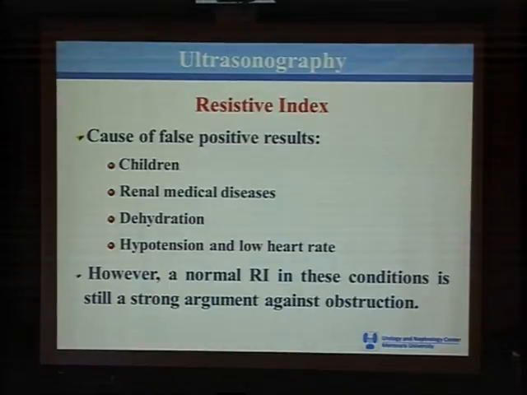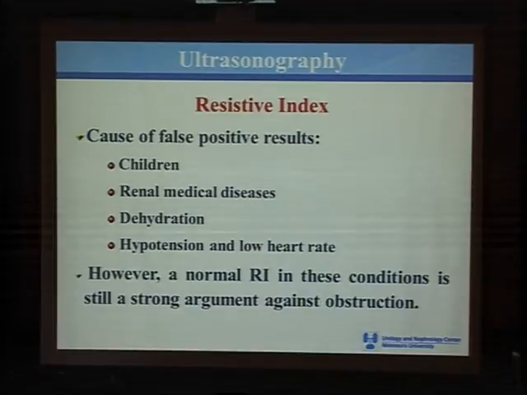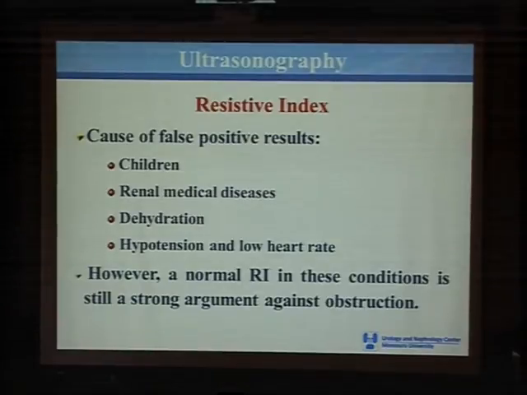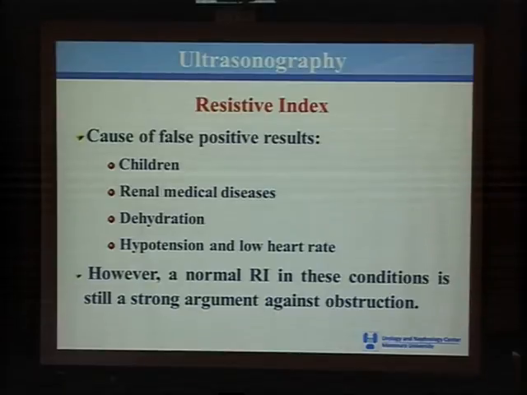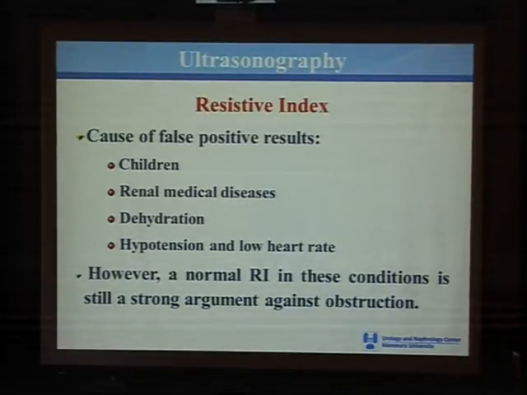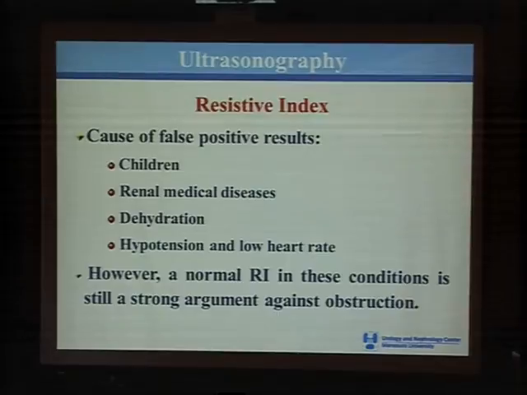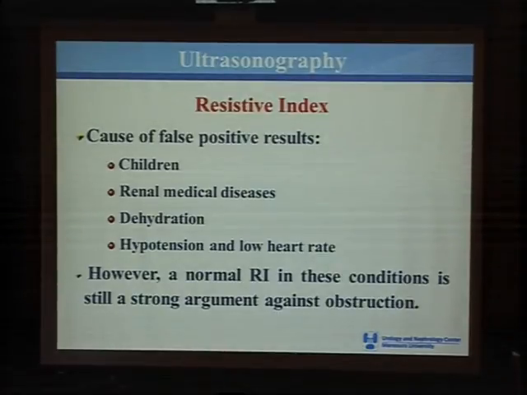However, there are some false positive results. The renal resistive index can increase not only in obstructive uropathy, but also in other conditions. This includes children, renal medical disease, dehydration, hypotension, and low heart rate.